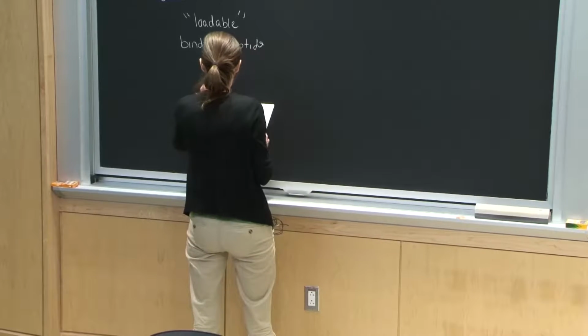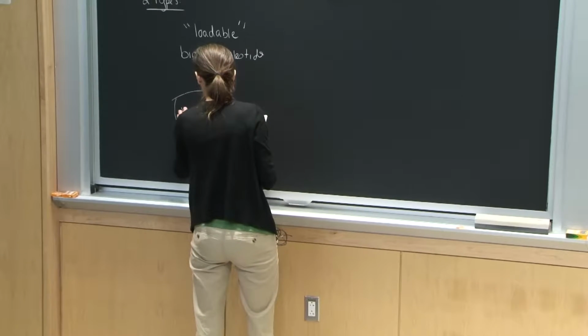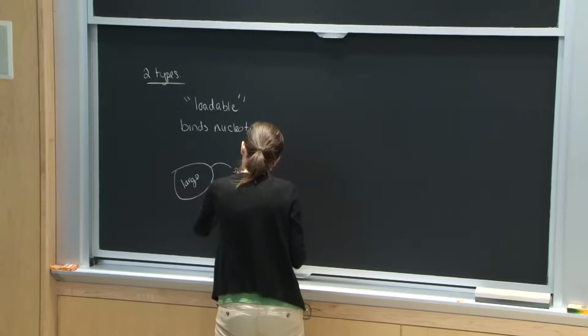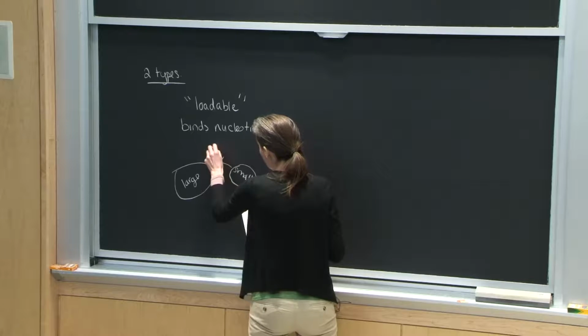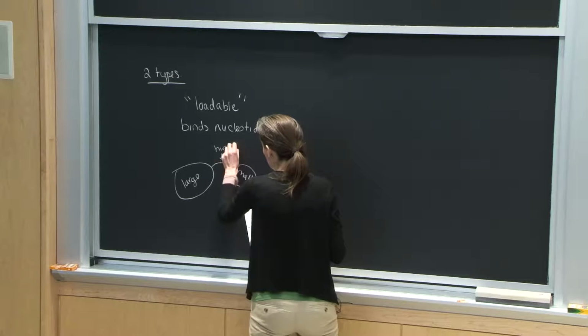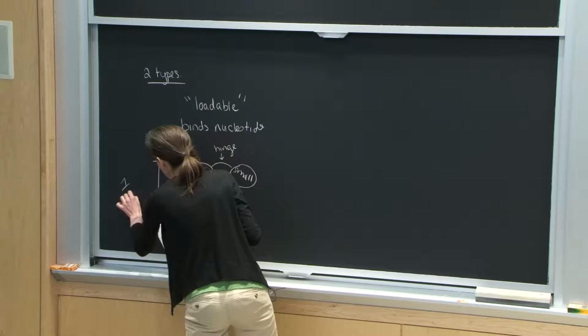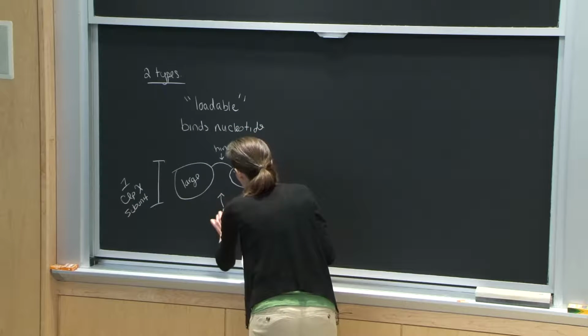And in cartoon, something like this. So we have the large subunit, we have the small subunit, and we have this region that's called a hinge. So this is one ClpX. So ATP binds.